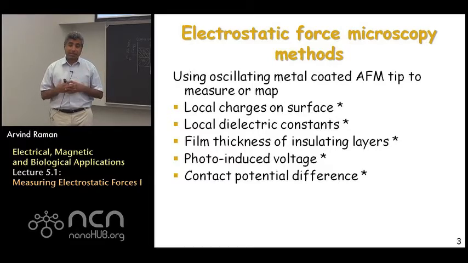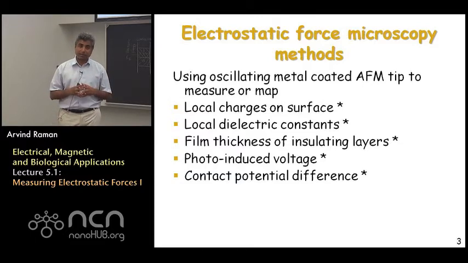When one uses these kinds of tips to measure a whole variety of electrical properties of the substrate, including local charges, dielectric constants, film thickness of dielectric layers, photoinduced voltage, and the contact potential difference or the work function of conductors as well. There's also a reason why I use methods, plural, because there is actually not one method, but more than one method of electrostatic force microscopy.